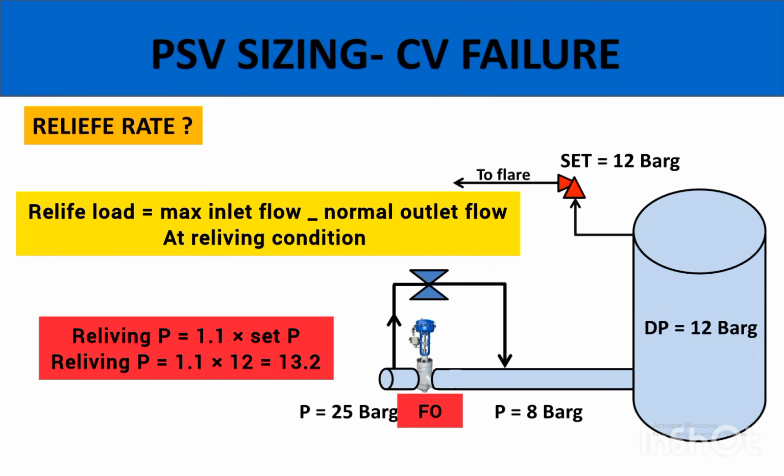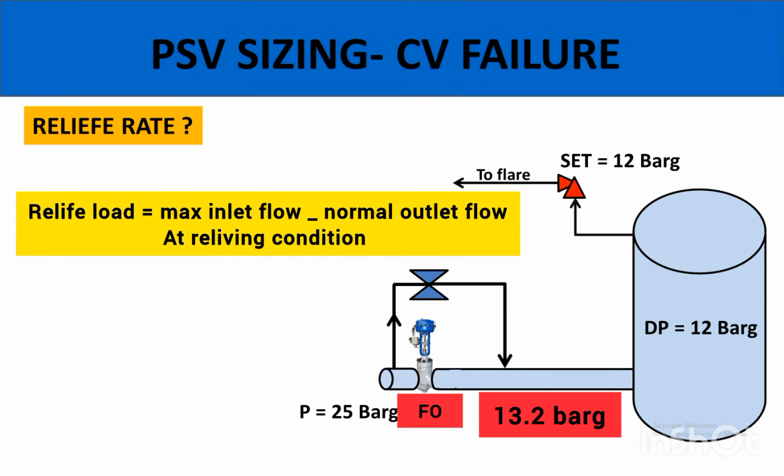When its opening is 100%, at relieving condition its upstream pressure is 25 bar gauge, while the downstream pressure is not the operational pressure of 8 bar at all. When it fails, its relieving condition should be considered, which, as I have discussed, means finding its relieving pressure, and its relieving pressure is 13.2 bar gauge.